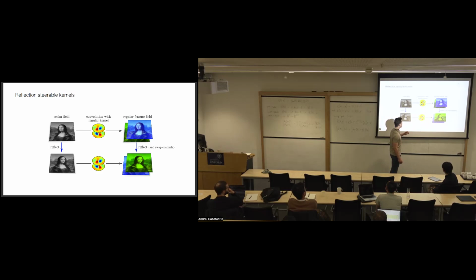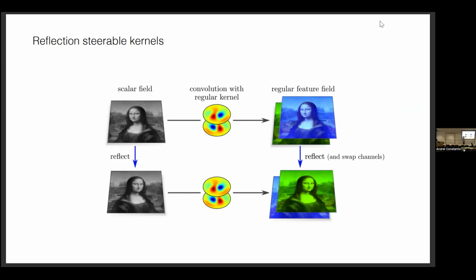And yeah, to get an intuition again, the blue output comes from this input scalar field with the first kernel channel, and then if you reflect your input, the relative orientation of this reflected input and the reflected kernel channel is the same as here, the non-reflected input and the first kernel channel. So the blue output goes now in the second slot, and the green output goes into the first slot. So again, this kind of constraint satisfies exactly what we wanted.